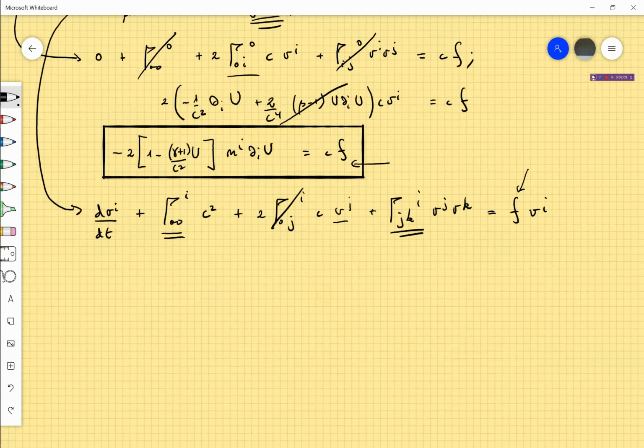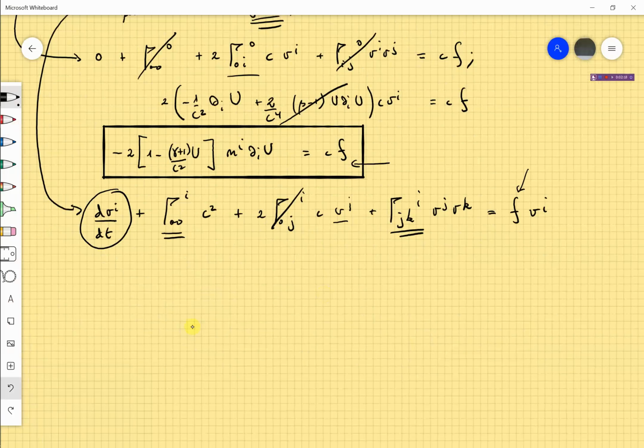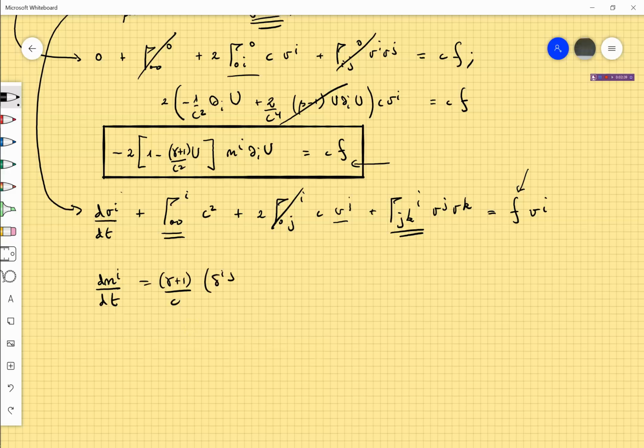The result is an equation, and also you have to substitute v^i by this expression involving N^i here, and with that you just get an equation for the derivative of N^i, which is the equation that dictates the propagation of light in this parameterized post-Newtonian formalism at the lowest order.